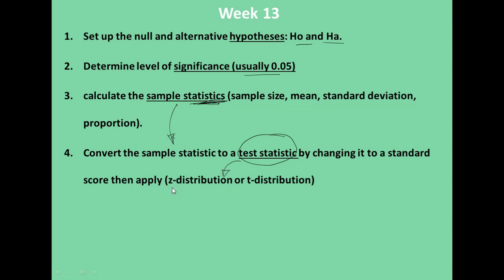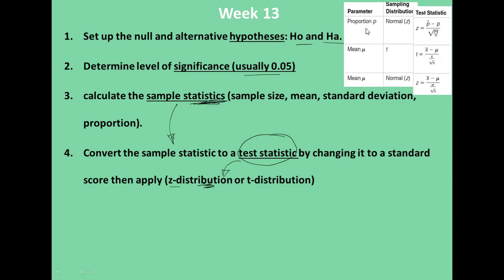To do that, we use a t-distribution or a standard normal distribution, depending on the situation. For proportion, if you are testing a hypothesis for proportion, you will always need to use a standard normal distribution. For mean, it's different. Sometimes you need to use a t-distribution. What are the situations in which you'll need a t-distribution?